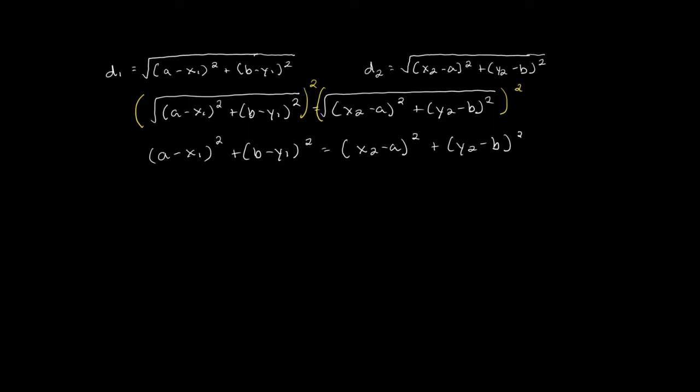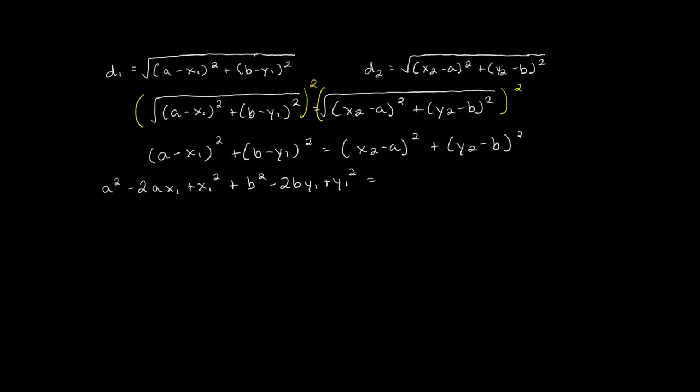So when I multiply the A minus x1 squared, I got A squared minus 2ax1 plus x1 squared. And then I FOIL out, I get B squared minus 2by1 plus y1 squared.